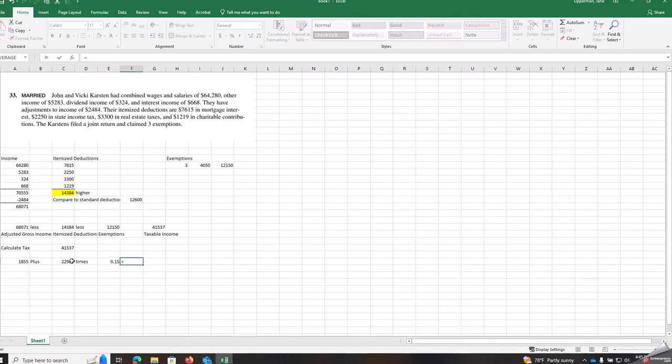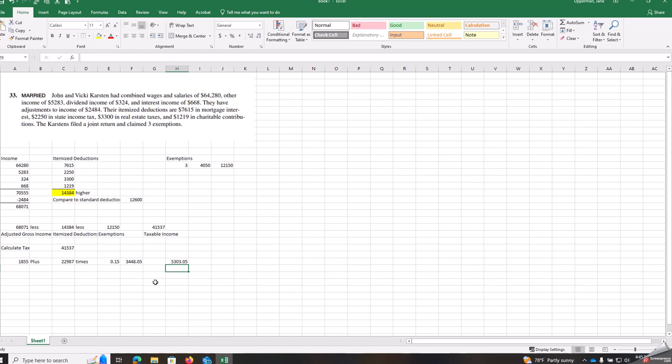So then that times that gives us that, and then we'll add those together. So the 1855 plus the 3,448.05 gives us $5,303.05.